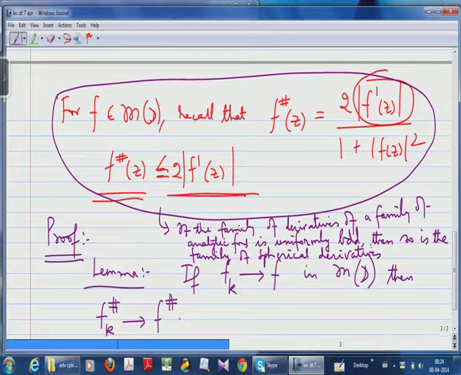So the boundedness of the ordinary derivatives implies boundedness of spherical derivatives. Okay, so that's something that I'm writing here.